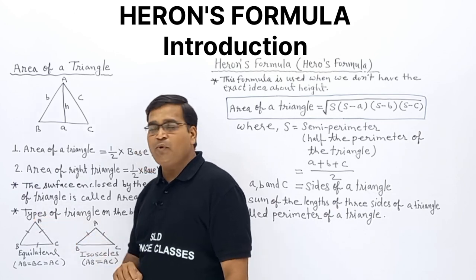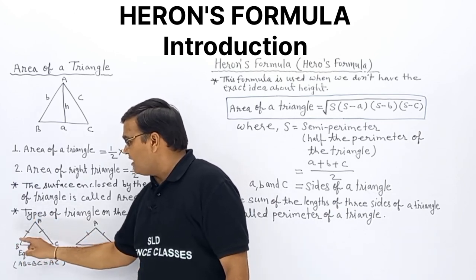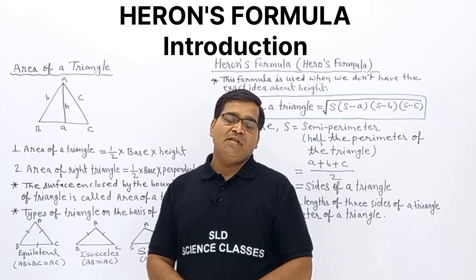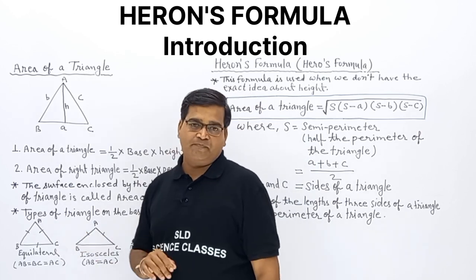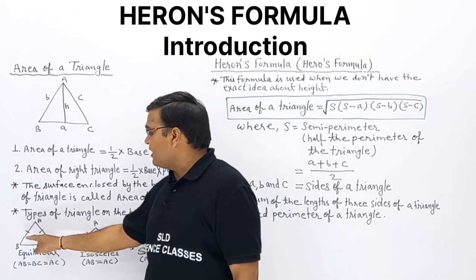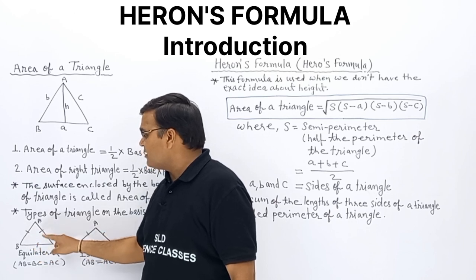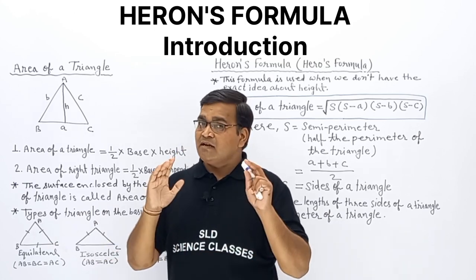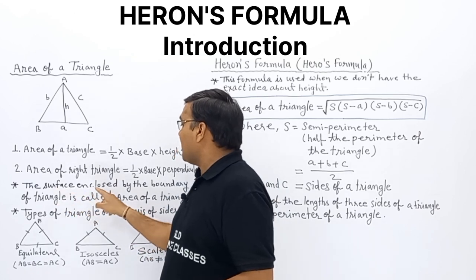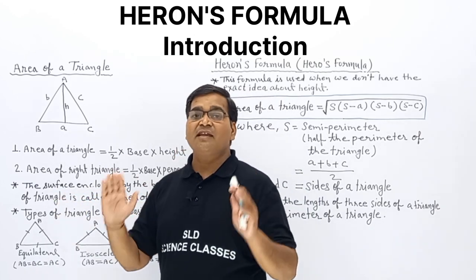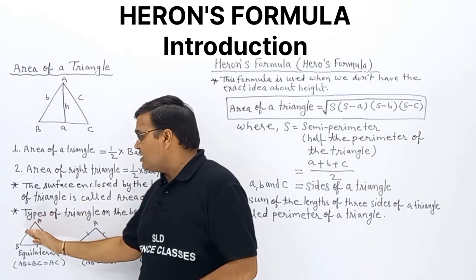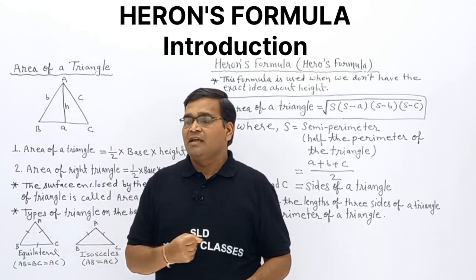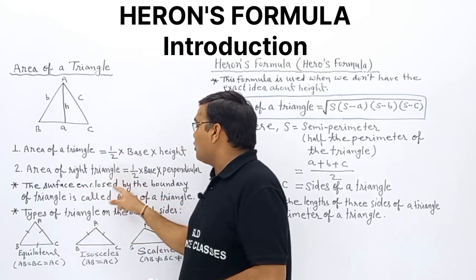AB and AC intersect at point A, AB and BC intersect there, and AC and BC intersect there. Clear? These intersecting straight lines give us a boundary, and the surface enclosed by the boundary is the area.